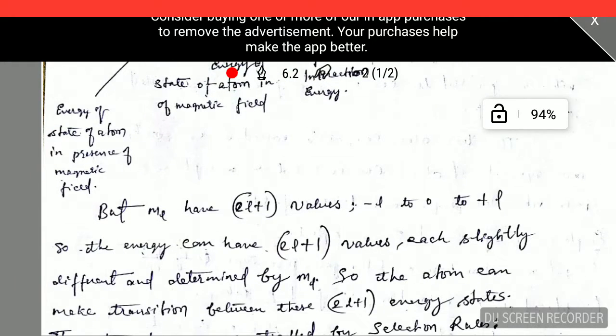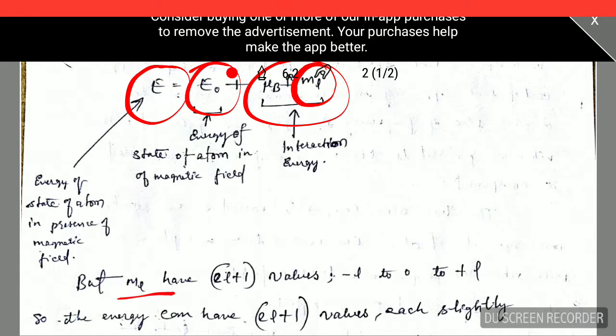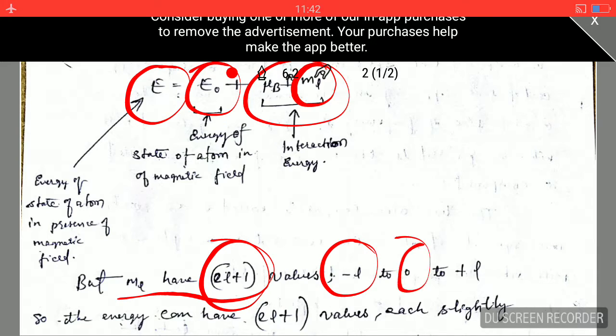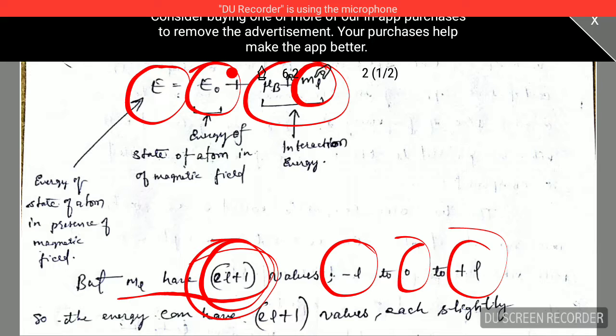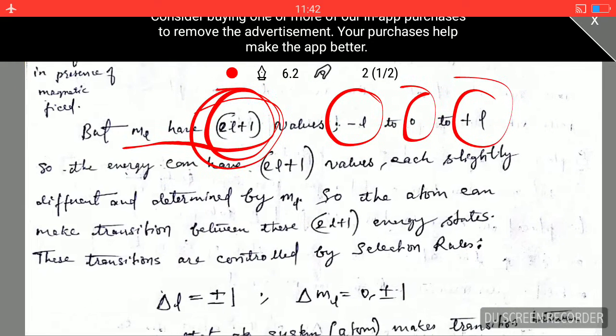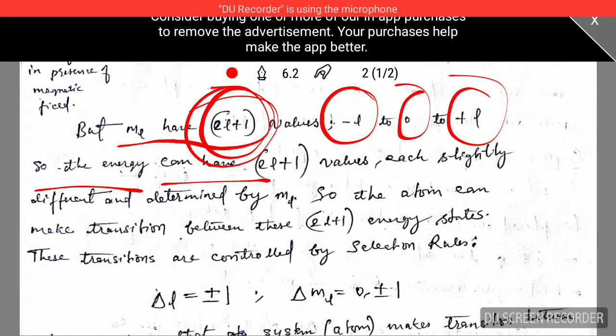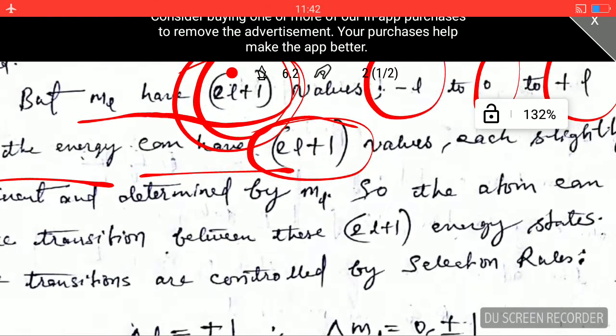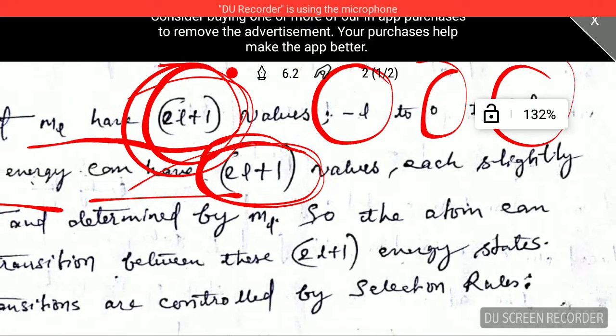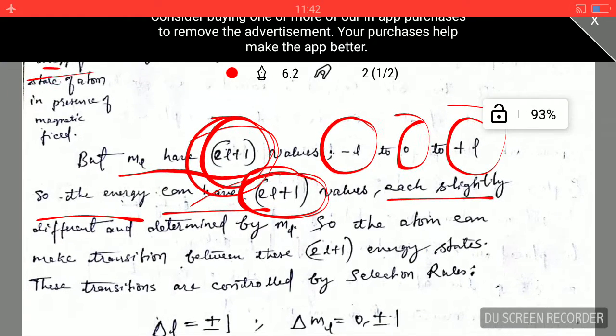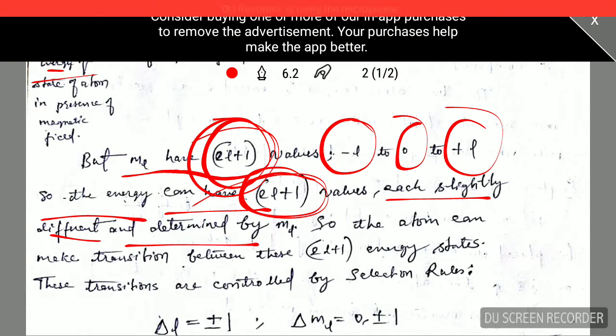The ml has 2l plus 1 values, and it ranges from minus l to 0 up to plus l. So in total it has 2l plus 1 values. Since this ml is associated with the energy, the energy will also have 2l plus 1 values, each slightly different and determined by ml.